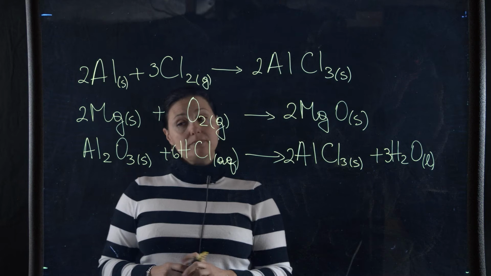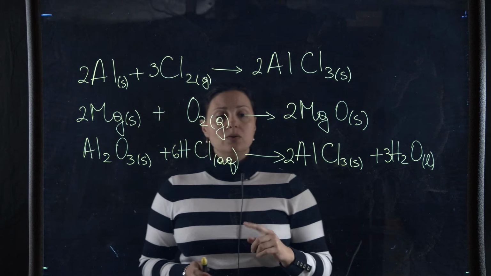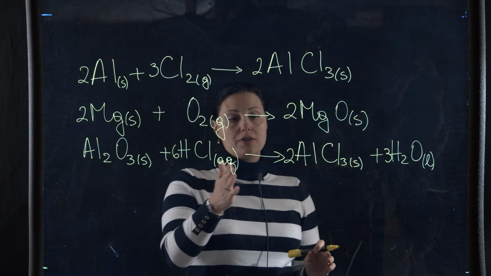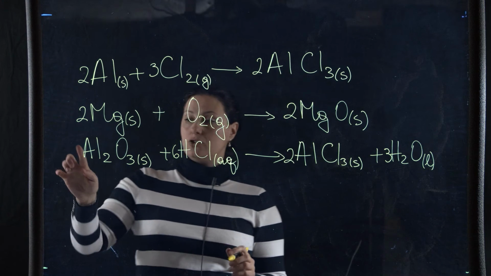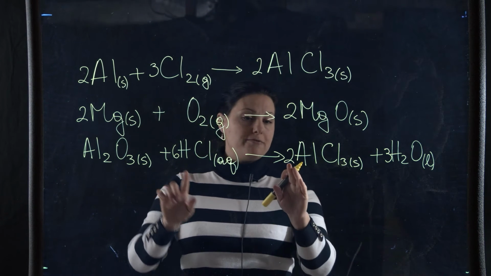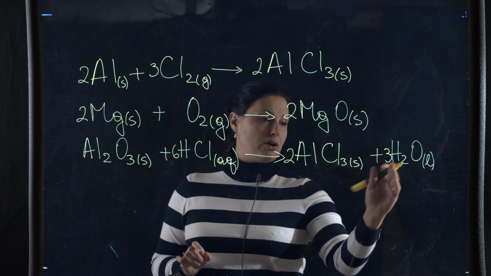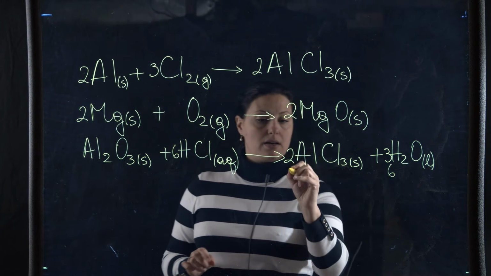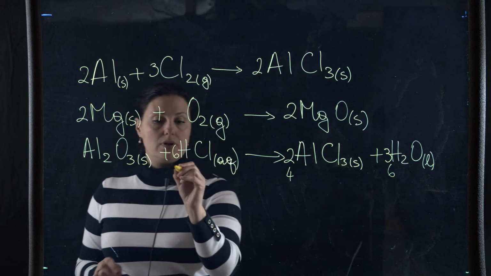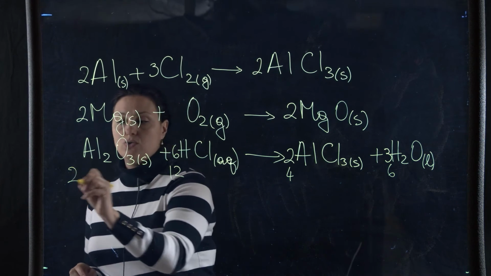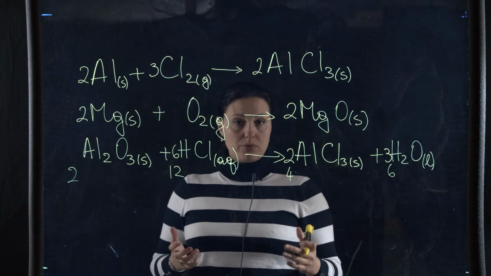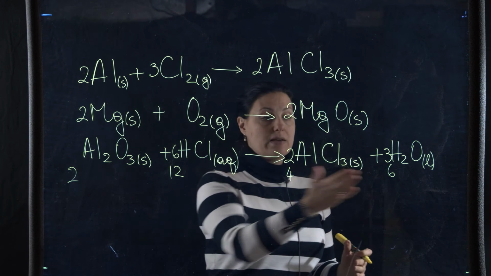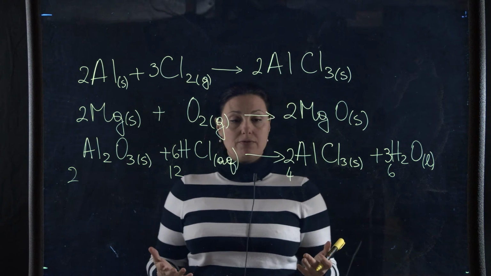That was it. The one thing that I also want to mention is that we're looking for the lowest whole number ratios. So if I had 6, 4, 12, and 2, that means I would not have the lowest whole number ratios, because I could divide everything by 2 and reduce it even further.